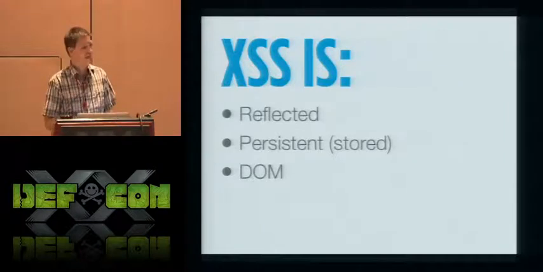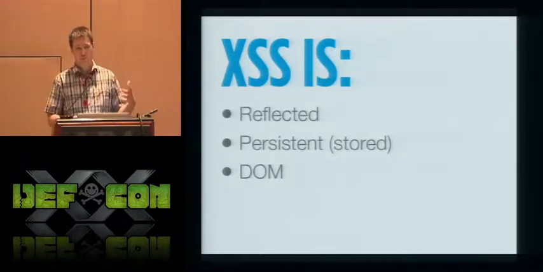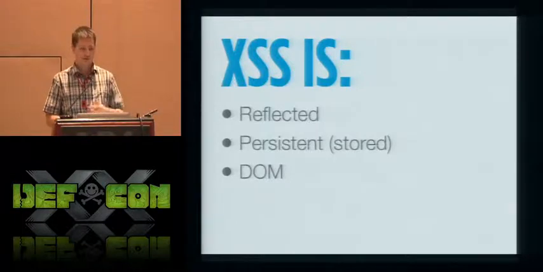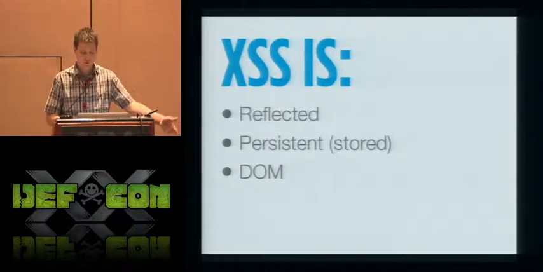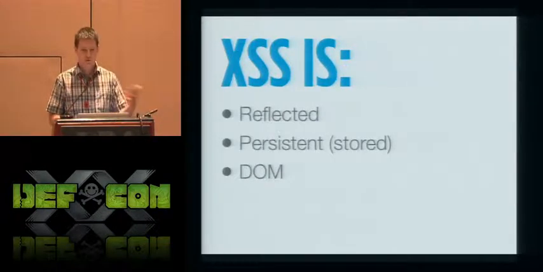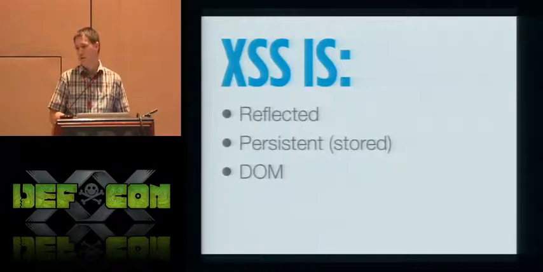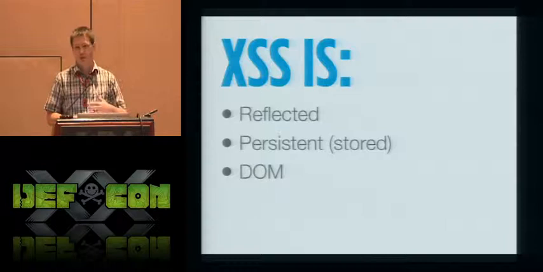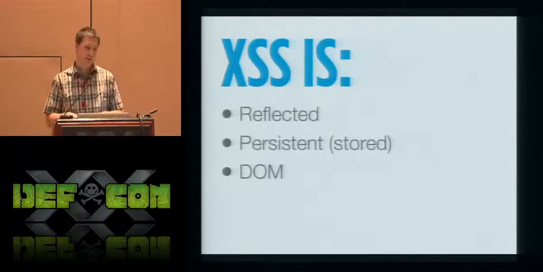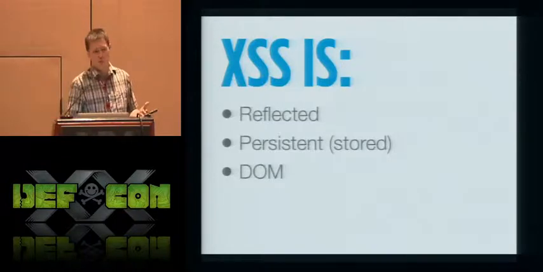So reflected is part of your query parameter is reflected back into the HTML and rendered in your browser. The client's sending it, the document is getting manipulated and sent back and rendered. Persistent, that payload is getting stored somewhere, getting rendered back into the client at a future point in time.